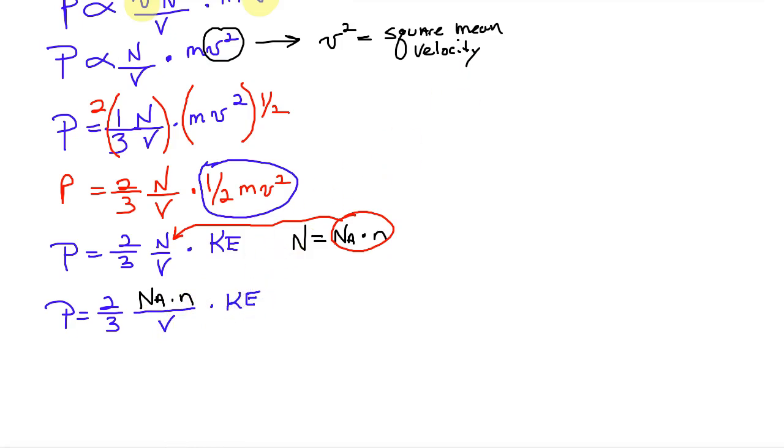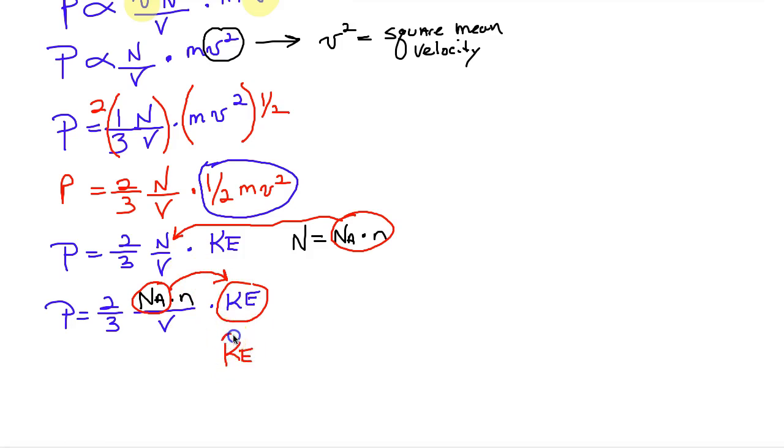Well, I can do that because they're equal to each other, but more importantly, if I take the kinetic energy and multiply it by Avogadro's number, which is the actual number of particles, this is the kinetic energy per mole when I multiply this together. So I'm going to take this part of the N, which is Na, Avogadro's number, and multiply it by kinetic energy. What I'm going to get is kinetic energy per mole.